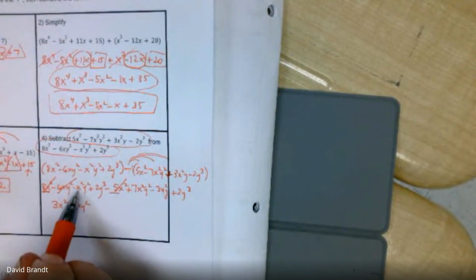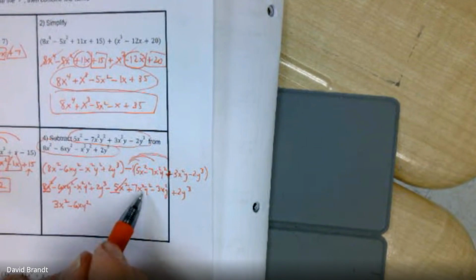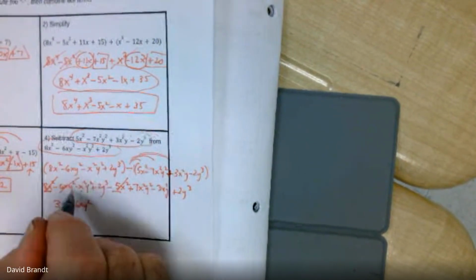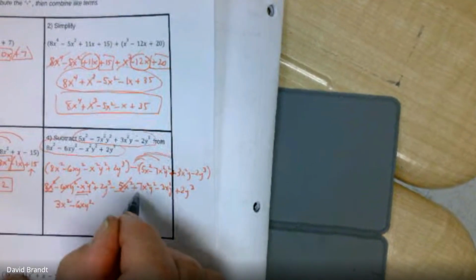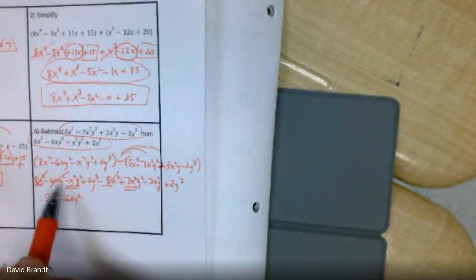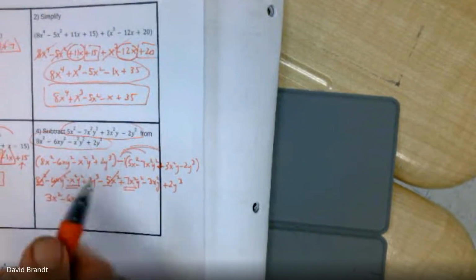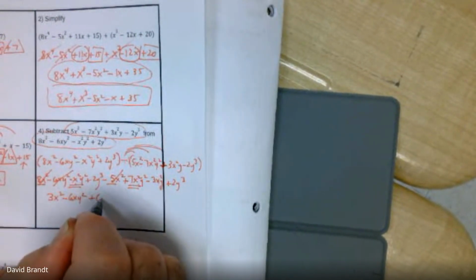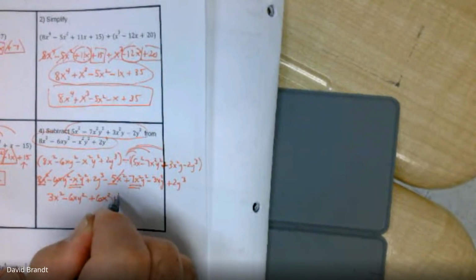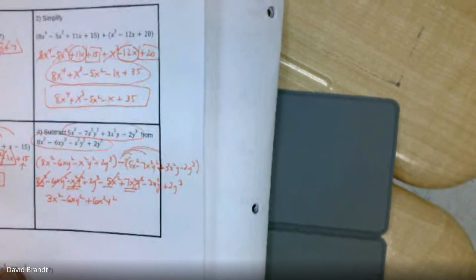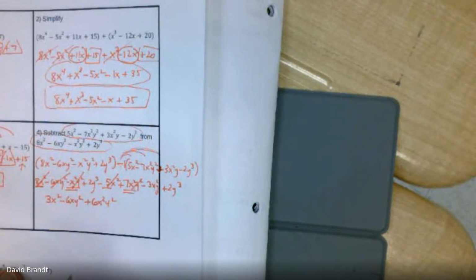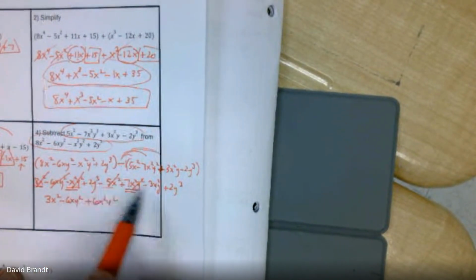Now, minus 1x squared y squared plus 7x squared y squared, those are like terms. You combine the negative 1 with the positive 7, that's going to give you a positive 6. Let's cross those out. What do we have left? I'm going to save the 2y cubed for last.